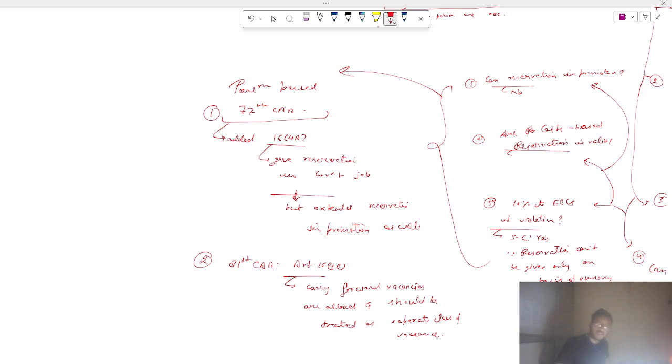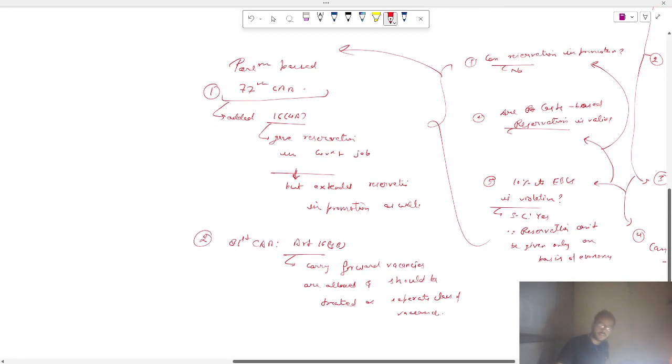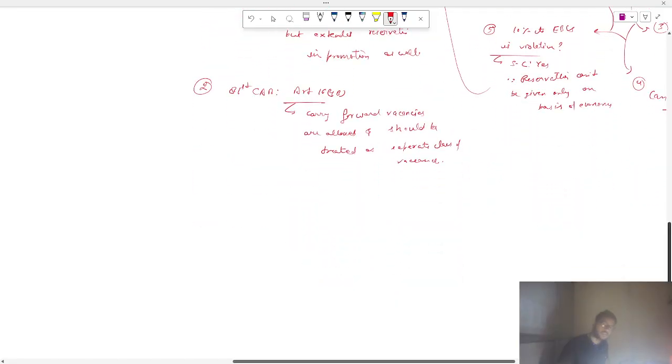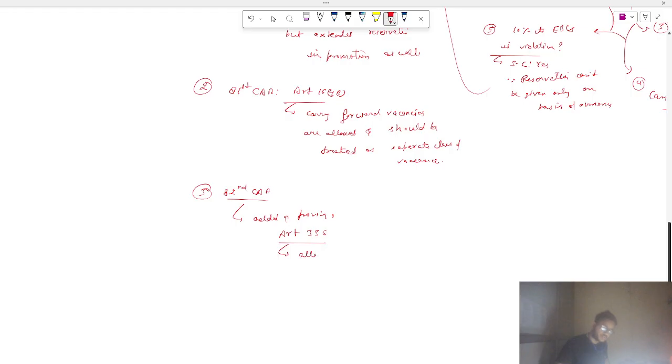Okay, and they've also passed the 82nd Constitutional Amendment Act. In this Constitutional Amendment Act, they added a proviso to Article 335, because this basically allows relaxation in marks in promotion.